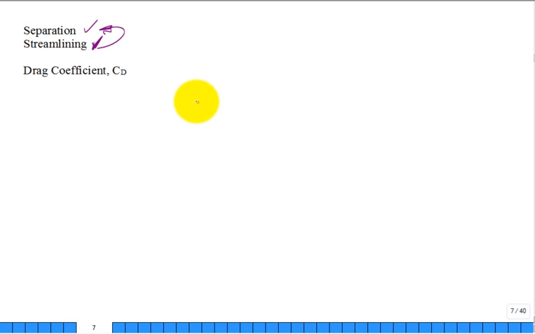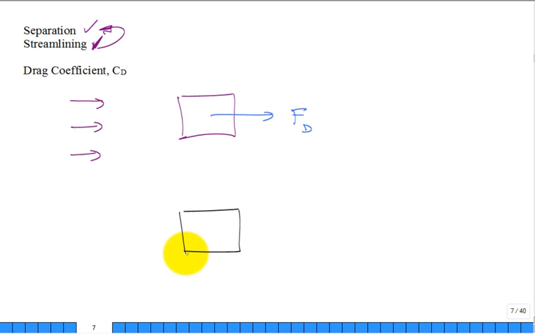So if I have this object right here and I want to push it through the air and have a minimized drag force, how could I streamline that object? Well, take that object, maybe add something to the front of it to help it split the flow, add something to the back of it to help the flow reattach afterwards, to come back together.